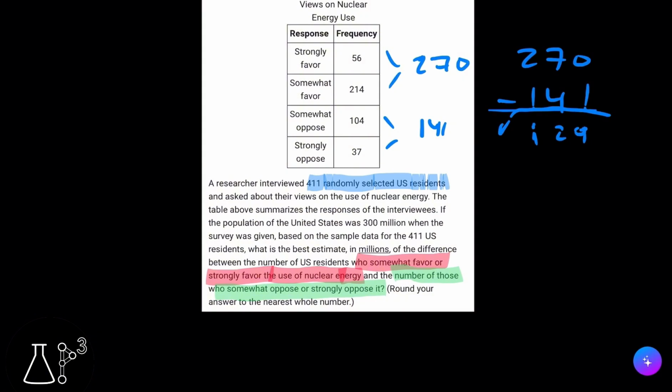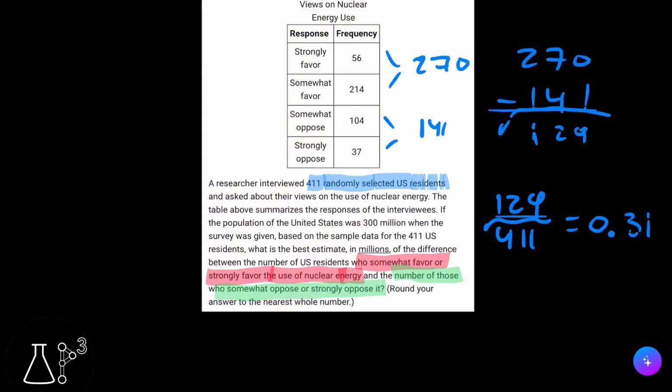So let's plug 129 divided by 411 into a calculator. We're going to get a decimal, and if we round it to the hundredths place, we get 0.31. This represents the difference between the people who favor and the ones who oppose.